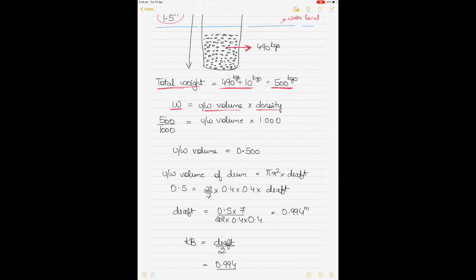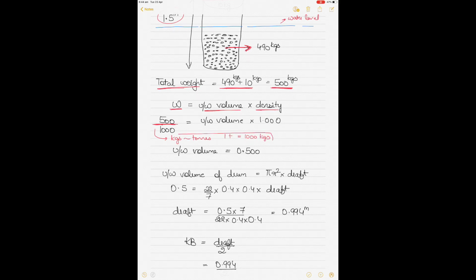So you will put displacement as 500 kilograms, but we don't use kilograms in displacement, we use tons. That's why you will convert the 500 kilograms into tons. So 500 by 1000 becomes the displacement, because 1 ton equals 1000 kilograms.